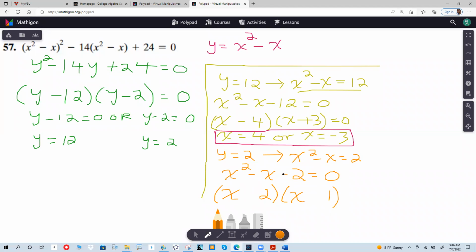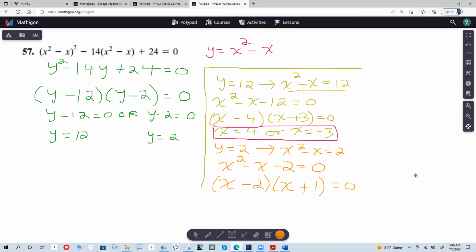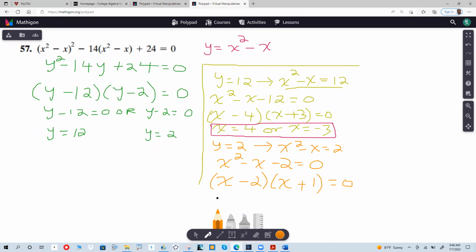This minus sign tells me I want the signs to be different, and this minus sign tells me the big one has to be minus. And that tells me x is equal to 2 or x is equal to minus 1.